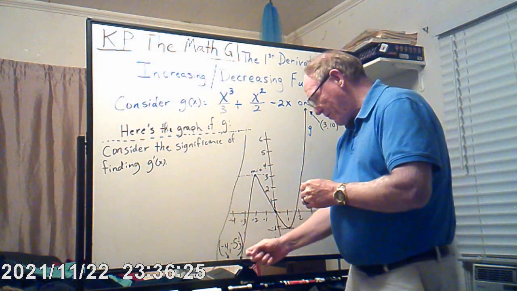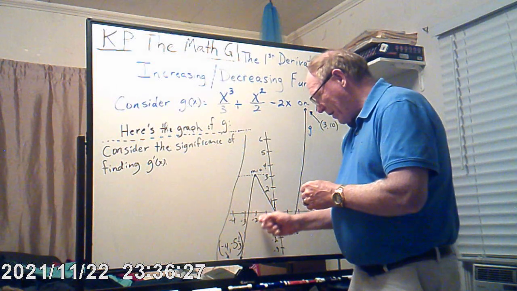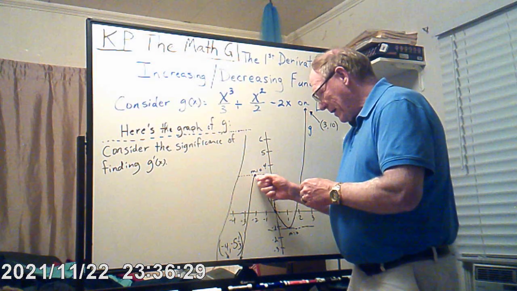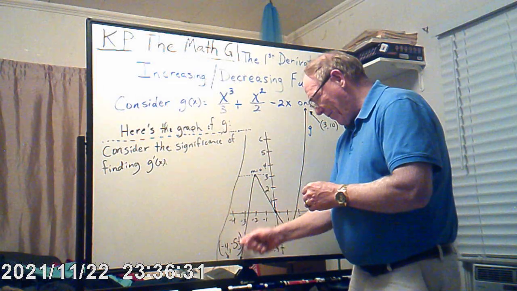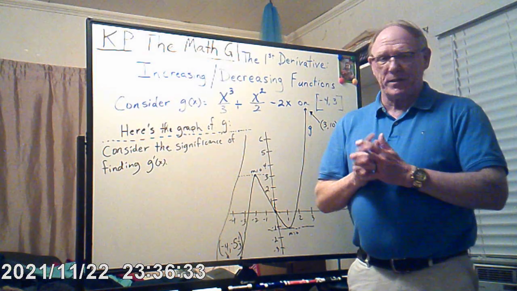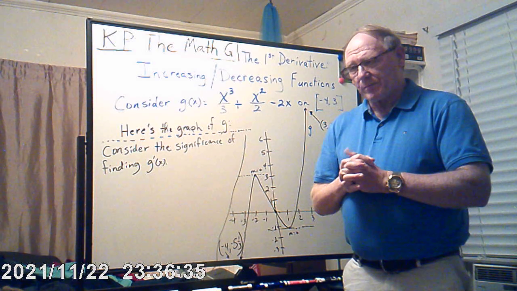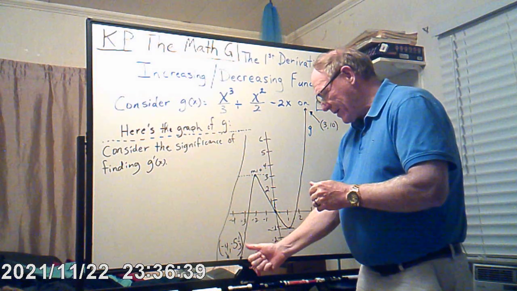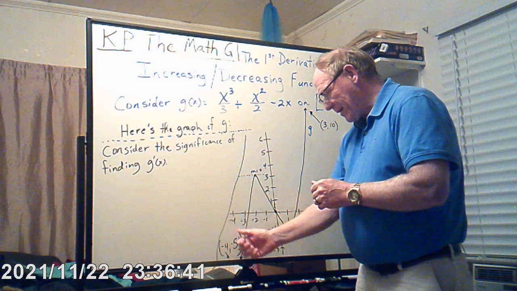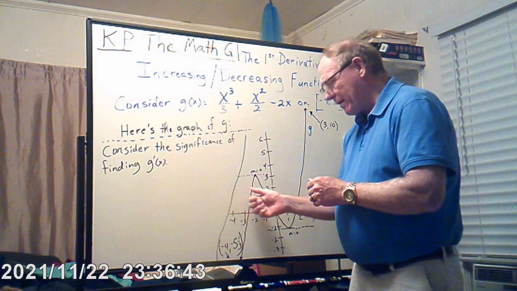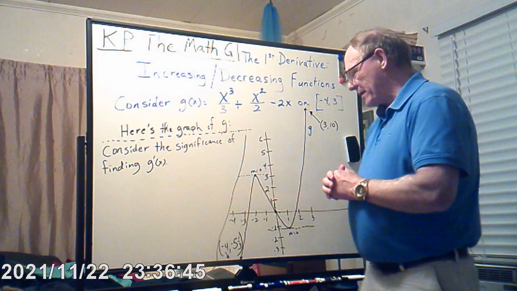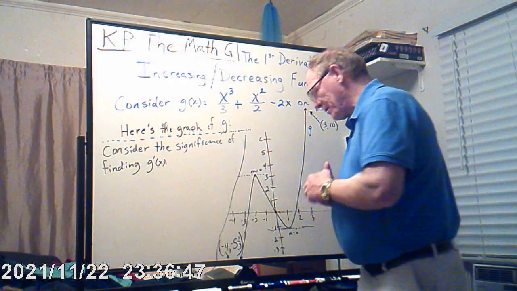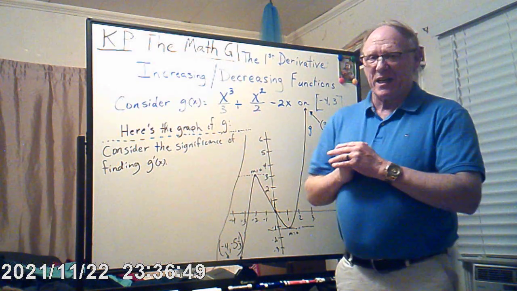You see that from negative 4 up to negative 2, this graph is increasing. The graph is getting higher and higher until it finally reaches a plateau at x equals negative 2.